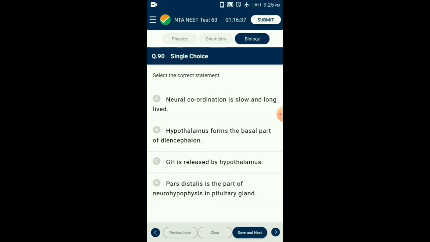Hypothalamus and inner parts of the cerebral hemispheres along with a group of associated deep structures like amygdala, hippocampus, etc. form a complex structure called the limbic lobe or limbic system. The limbic system is involved in the regulation of sexual behavior, expression of emotional reactions, for example pleasure, rage, excitement and fear, and motivation. So the answer for this question is option B. Hypothalamus forms the basal part of the diencephalon.